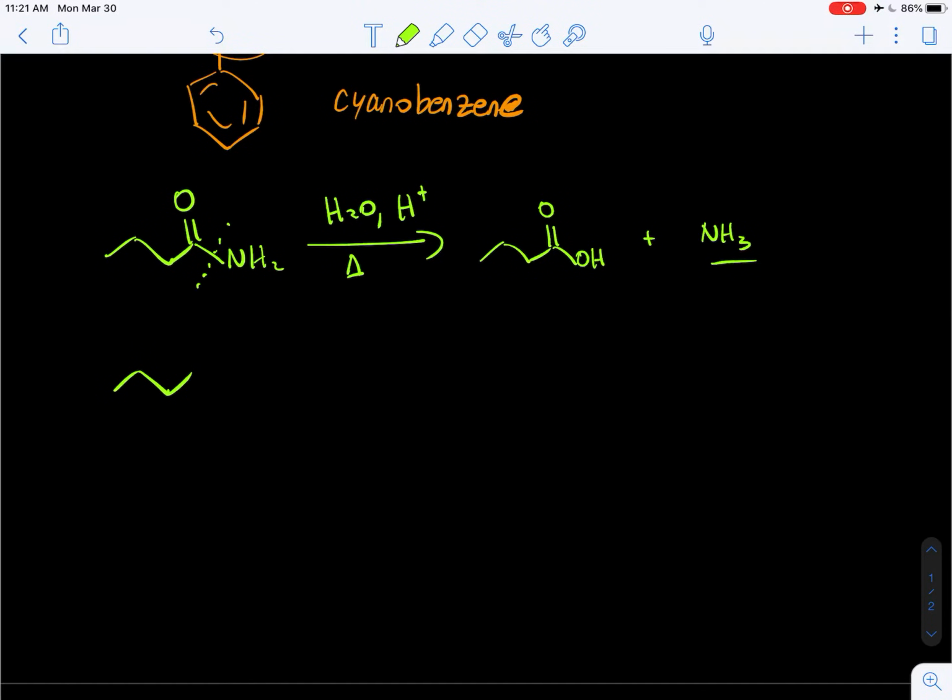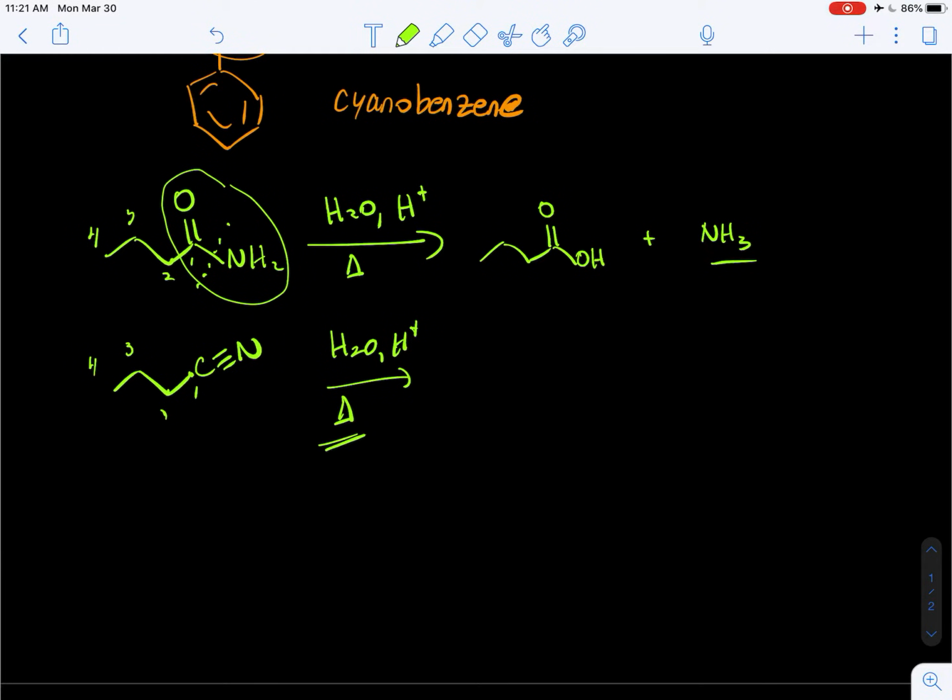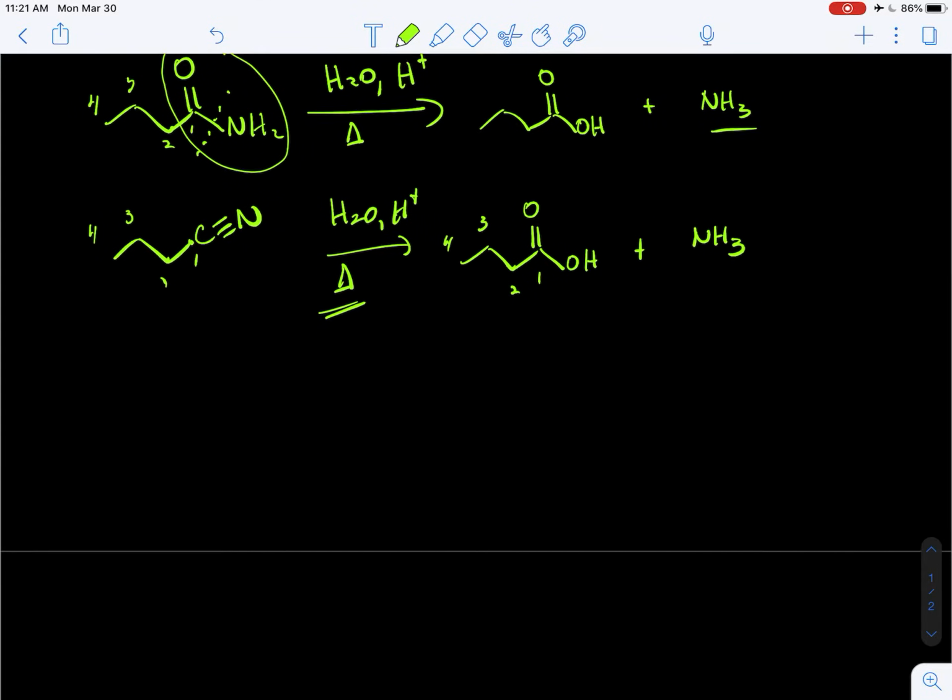If you have, so this has 4 carbons, just want to kind of be systematic here. If you have a nitrile, which is in a sense a carboxylic acid derivative, and you treat this with water, acid, and you reflux, and you take it all the way to the end of the reaction, you're going to form a carboxylic acid that has the same number of carbons, and you're going to split off the ammonia here, okay?